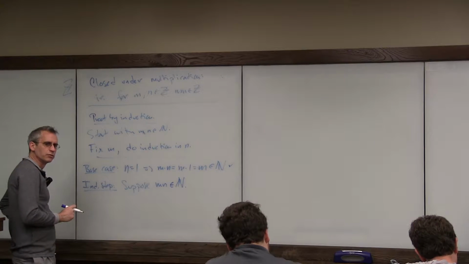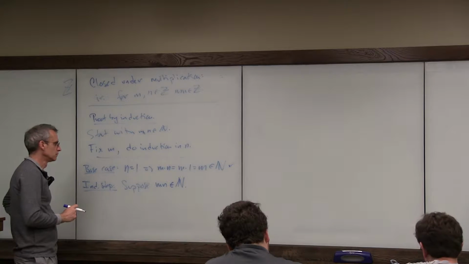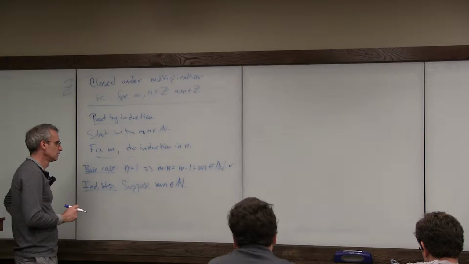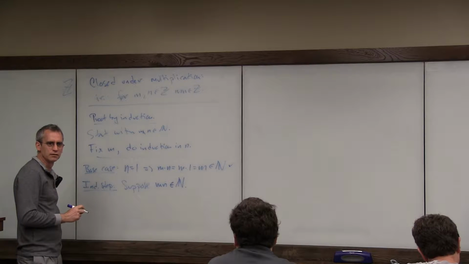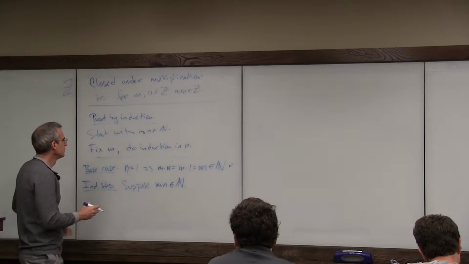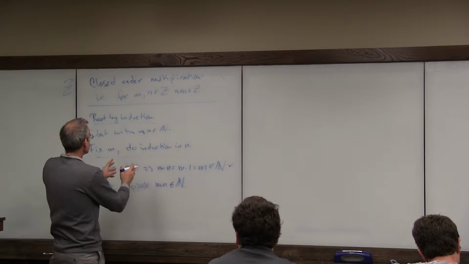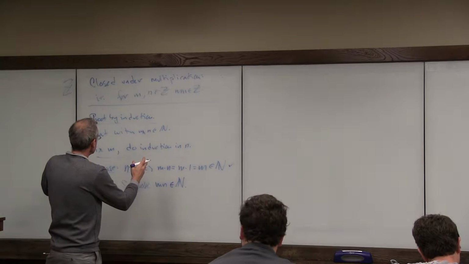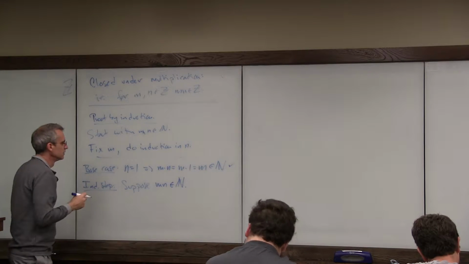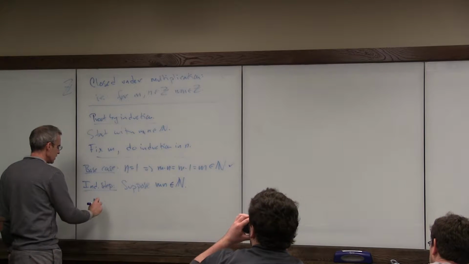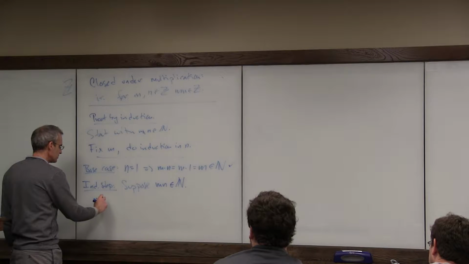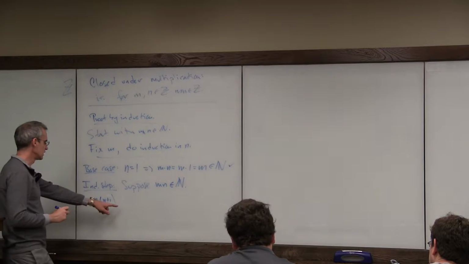What do I need to prove? That mn plus 1 is a natural number, right? Because my statement is that if m and n are in the natural numbers, then m times n is a natural number. So we just start with m times (n plus 1), right? This is the thing we need to check.